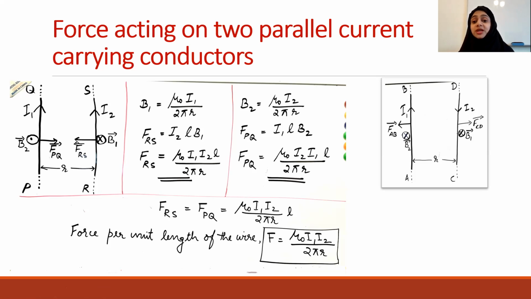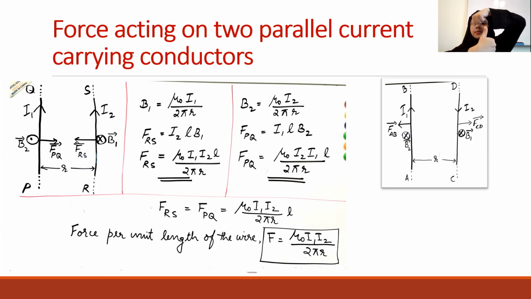So first of all, let me consider this wire AB carrying current upwards. Let me see what will be the direction of magnetic field produced at a distance r from AB. So let me use my right hand. My thumb is pointing upwards in the direction of current I1, so my fingers curl in this direction.